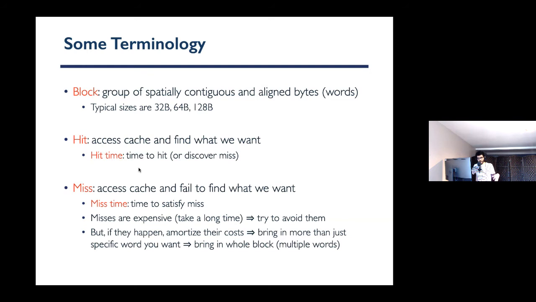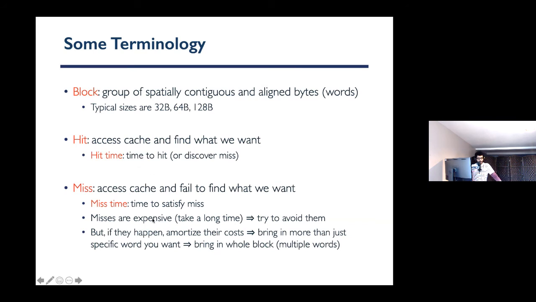Because if it was just the time that it takes you to know that you don't have the item, it would be the same as the hit time, because hit time means going to cache and checking that item. If you have it, that's hit time, you're done, you come home. If you don't have it, now your mission is to find it in your memory. So that's miss time: everything after you realize that you don't have the item.